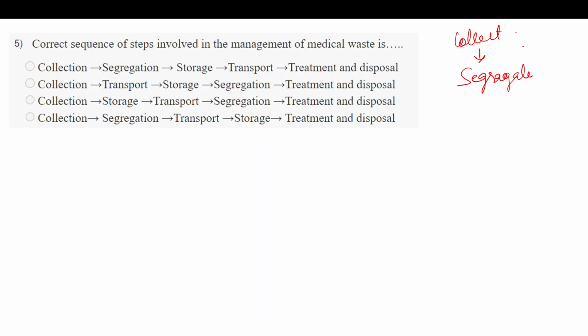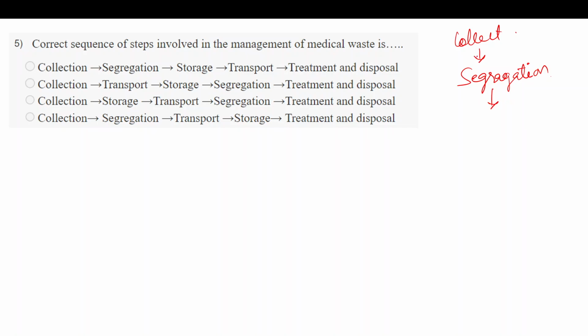Collection and segregation are sort of interlinked. For example, if you are in a hospital, then you will have different bins for different waste. Or once it is collected, then also you can segregate it, but it is better to have interlink of both.